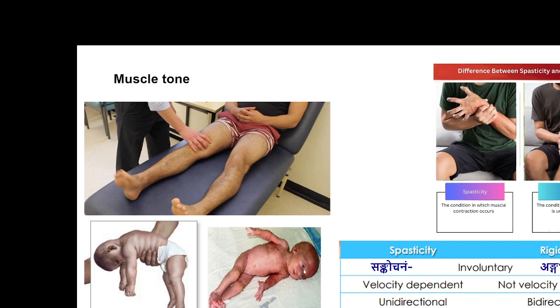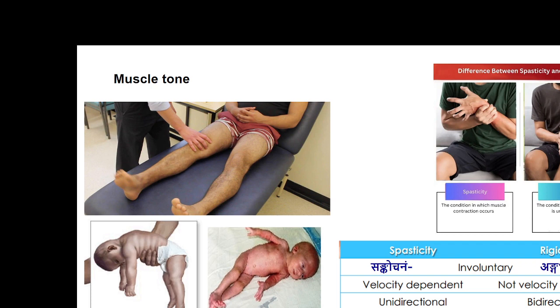When the muscles become hypertonic, there could be two forms, spasticity or rigidity. Spasticity is felt whenever there is an attempt to move. If you attempt to move, the muscles become more stiff and the movement may not occur properly, then it's called spasticity.